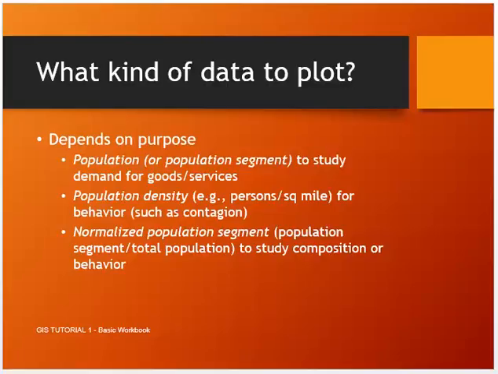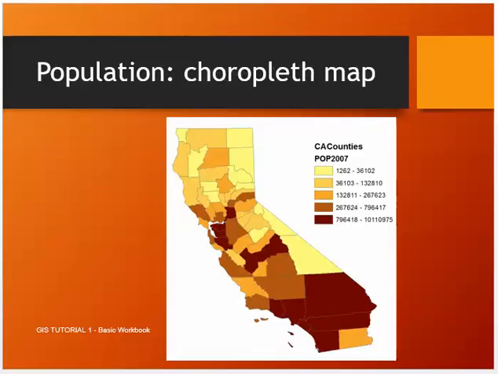Or a normalized population, so a percentage of the total population that is in an age cohort, for example. Let's look at some examples here from California. Here's the population map. Great, it looks good. We have information. We see that there's lots of population in Southern California and a little bit in the Bay Area and not so much anywhere else.